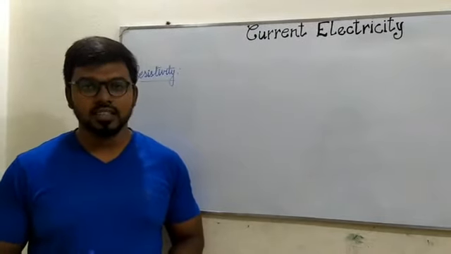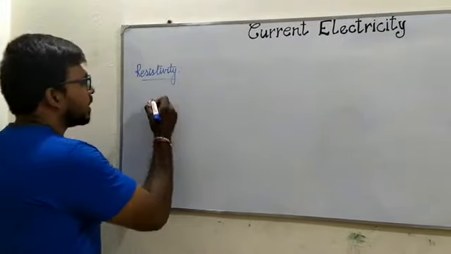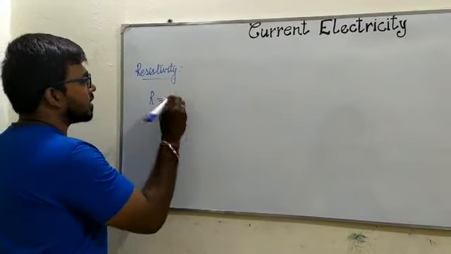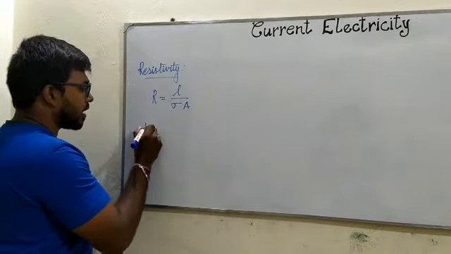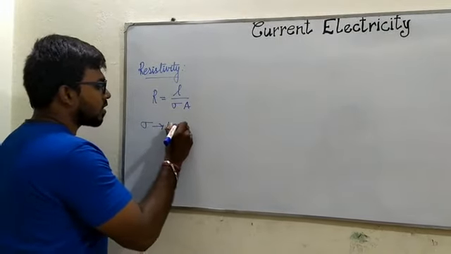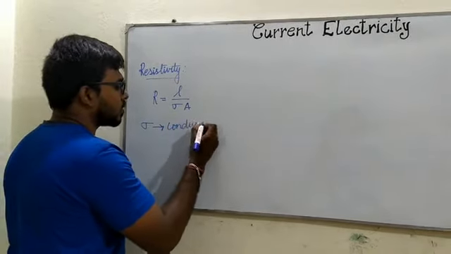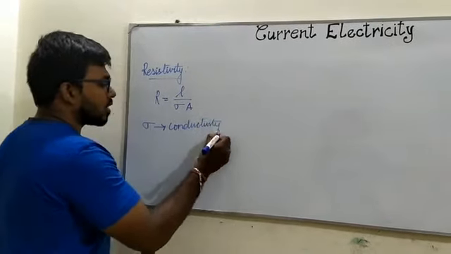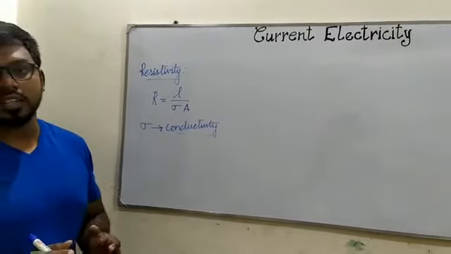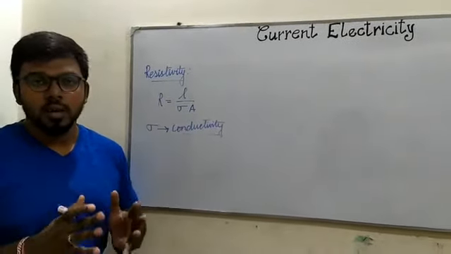In the previous section, we saw resistivity is equal to L by sigma A, where sigma is called conductivity. The conductivity of a conductor entirely depends upon the material.